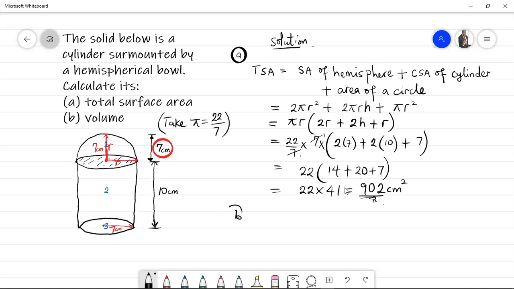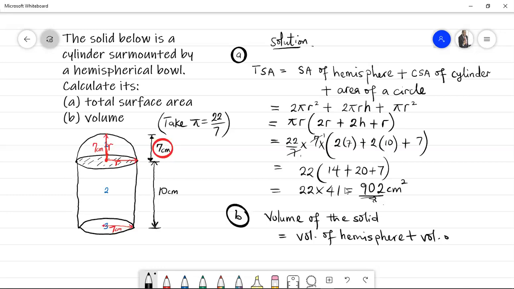For the B part of the question, we have to find the volume of this same shape. Now the volume of this solid is definitely going to be equal to the volume of the hemisphere, and of course, plus the volume of the cylinder.